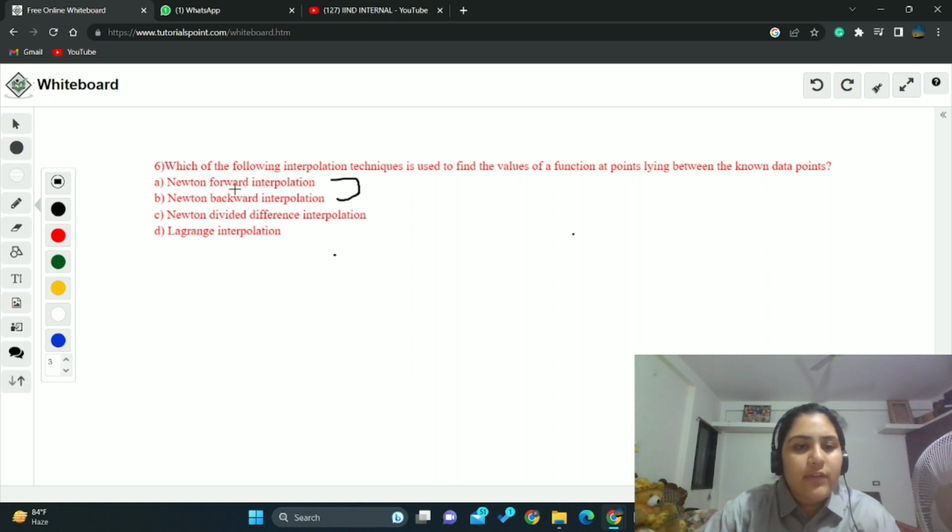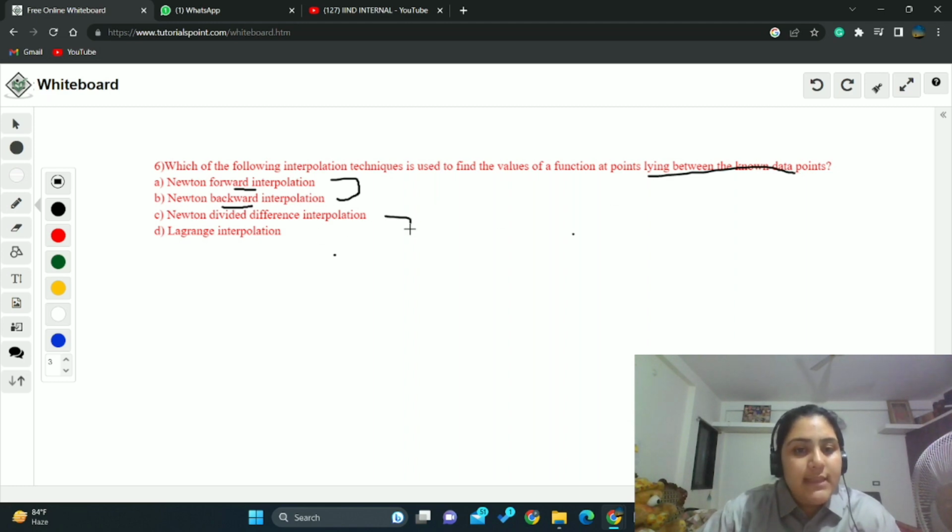Newton forward is used for the after points, and Newton backward is used for the before points. But these are not the correct option because they do not find the value of function at a point lying between the known data points.